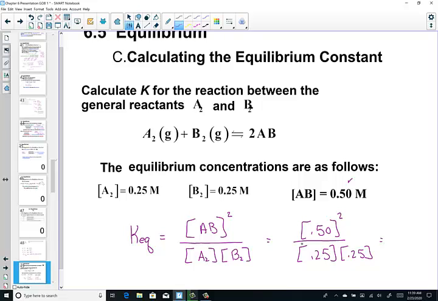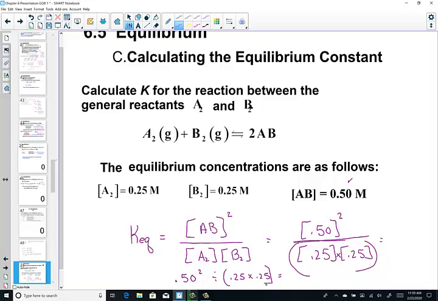Now make sure you're seeing what I did on the calculator. Make sure you're doing that in a parenthesis to make sure your order of operations occurs correctly. Your key sequence, 0.50 squared divided by parenthesis 0.25 times 0.25, then hit your equal.